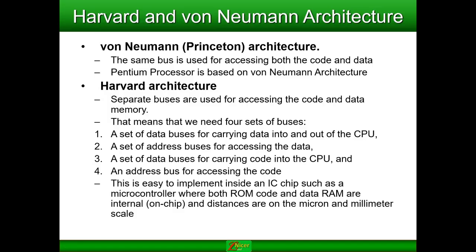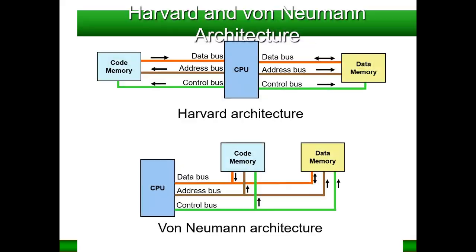This is easy to implement inside an IC chip such as a microcontroller, where both ROM code and data RAM are internal on chip at distances on the micron and millimeter scale. So it is good to have on a microcontroller, because these are very small scale devices, and it is easy to access data and write to RAM.